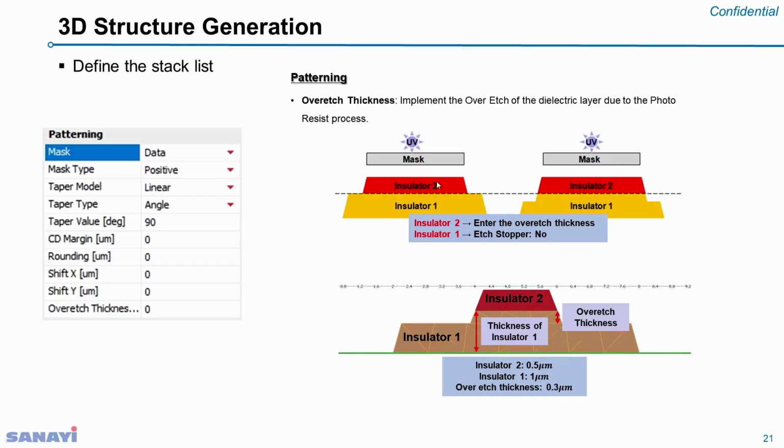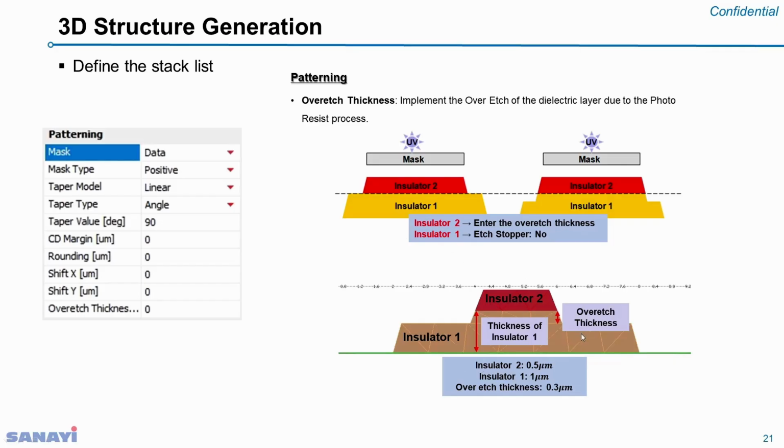Insulator 2 is positioned on insulator 1, and insulator 1 is over-etched by the shape of insulator 2. At this time, enter the over-etch thickness for insulator 2 and set the etch stopper to no for insulator 1.